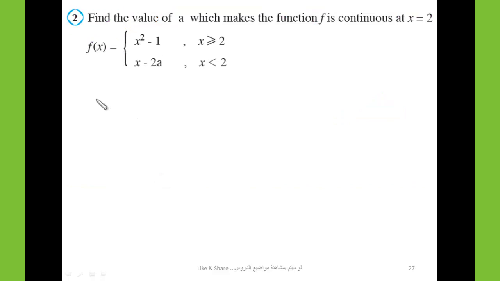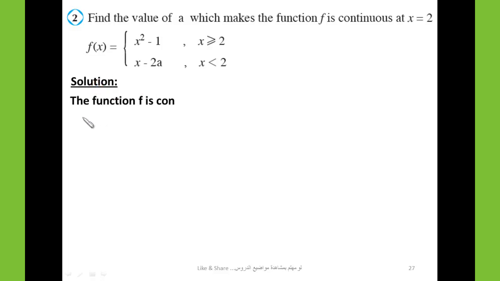Part 2 from question 4. Find the value of a which makes the function f continuous at x equals 2. When the function is continuous, the left limit equals the right limit.